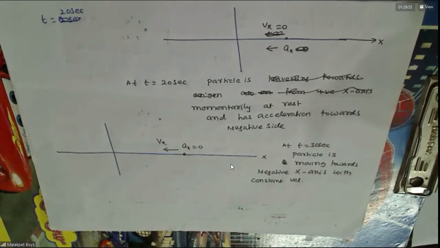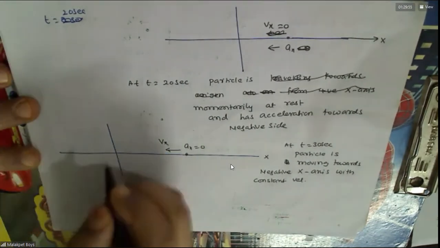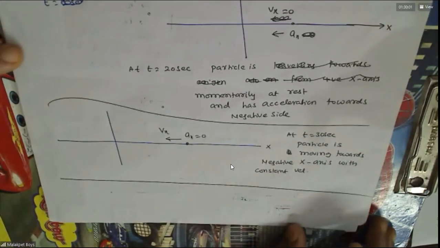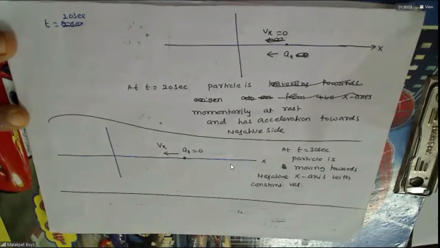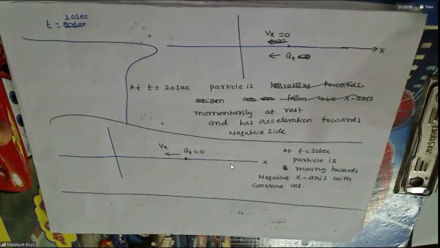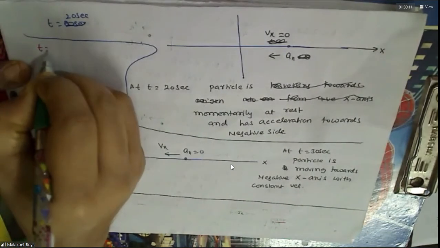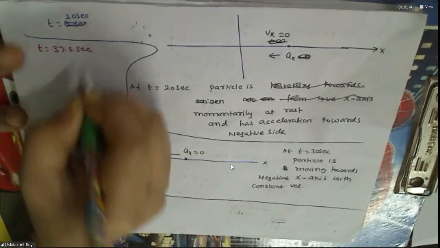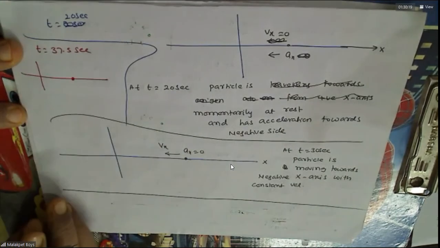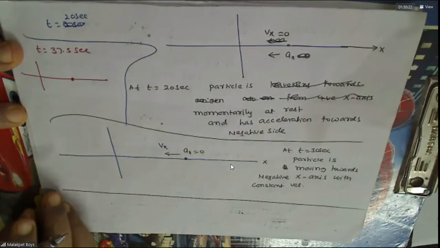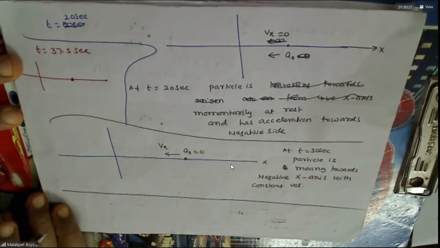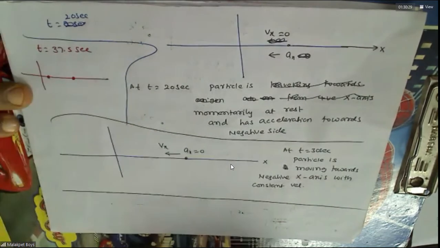Agreed. Then the last part: 37.5. Look at the graph. You can see that still the point is in the positive position only. Am I right or not?